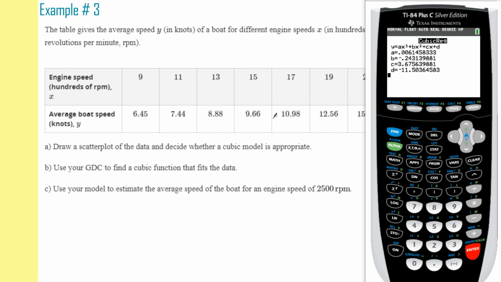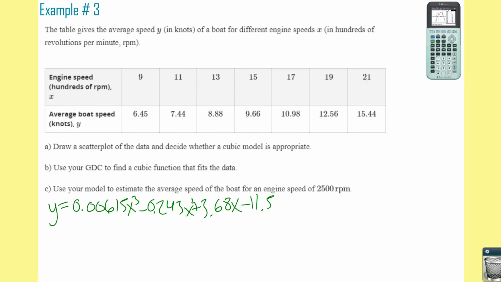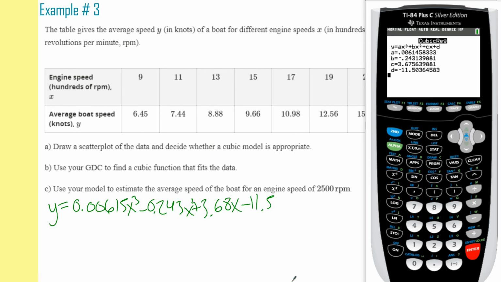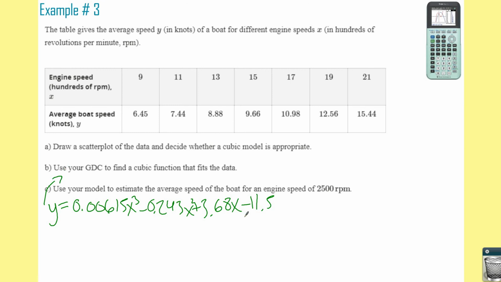Now we're going to use our model to estimate the average speed. So here's my equation all written out, and you can see that my A value is in front of the x cubed, my B is in front of the x squared, C is in front of the x, and D is all alone. Then I want to use this model to find the average speed of the boat for an engine speed of 2,500 RPMs.